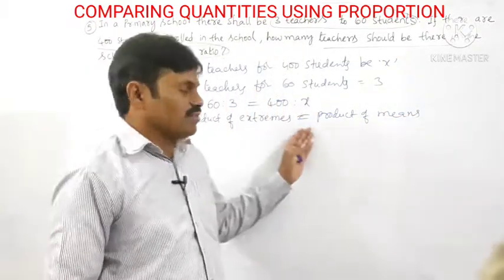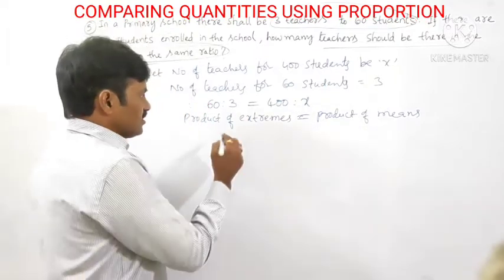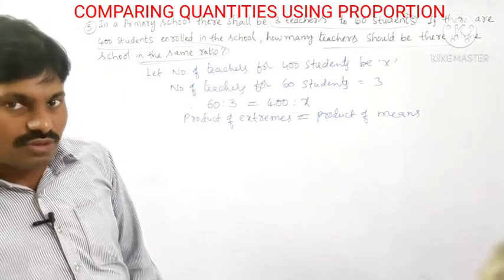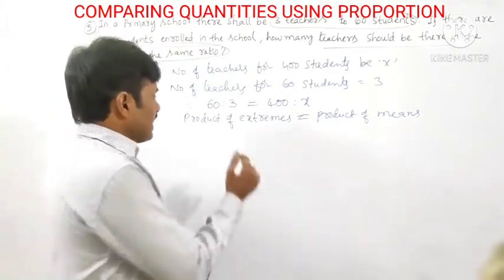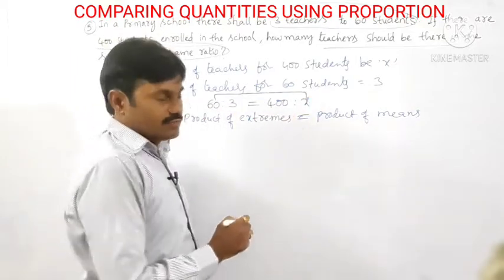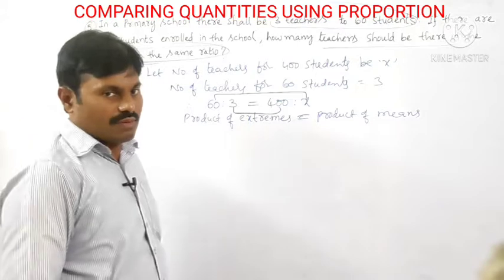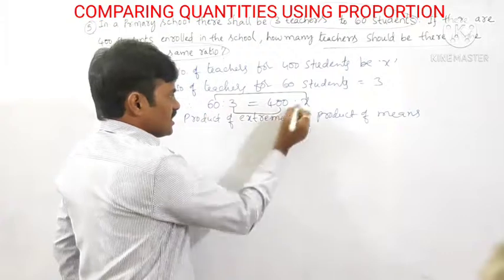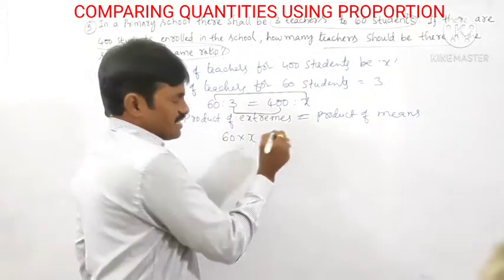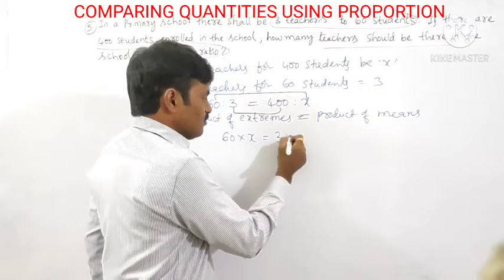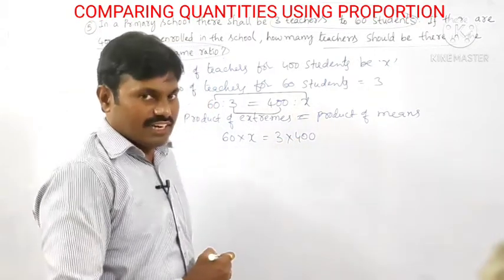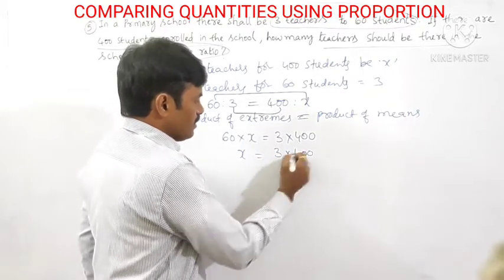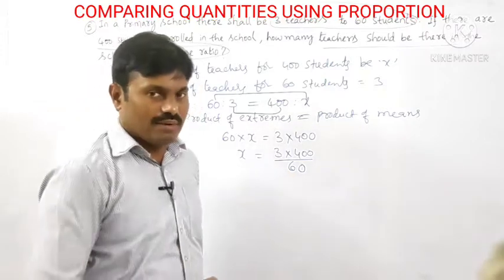Now I want the x value. So x is equal to 3 into 400 by 60.